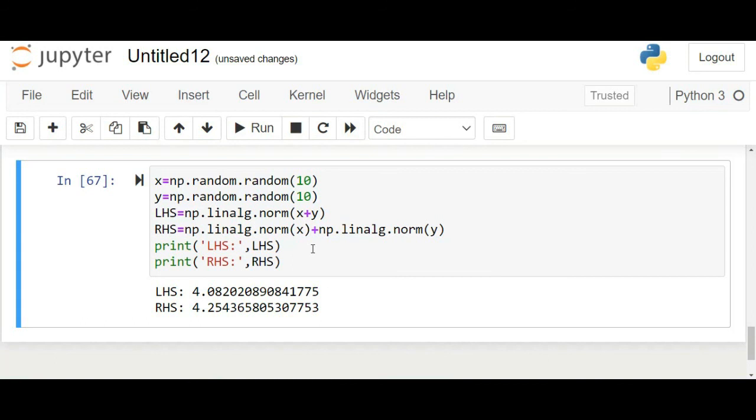Approximately the same answer, 4 point something and 4 point something. First of all, we have to understand what we are taking. We are taking the norm of x with value 10 and y also 10, any random value. So left hand side is equal to linear algebra norm of x plus y. In the same way, the right hand side.